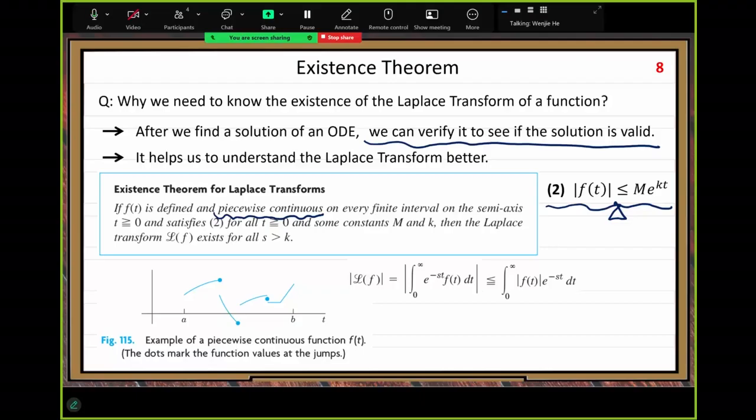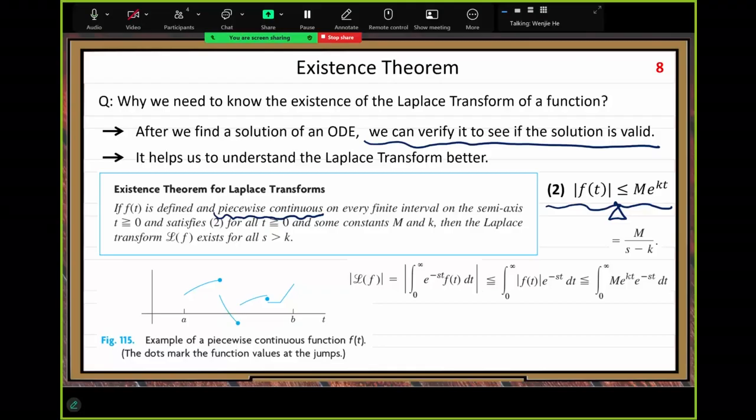Inside, now you can use the upper bound estimate. After using the upper bound, M, e to the kt, e to the minus st, then if s is greater than k, you can find the integral: capital M over s minus k. It means it converges.